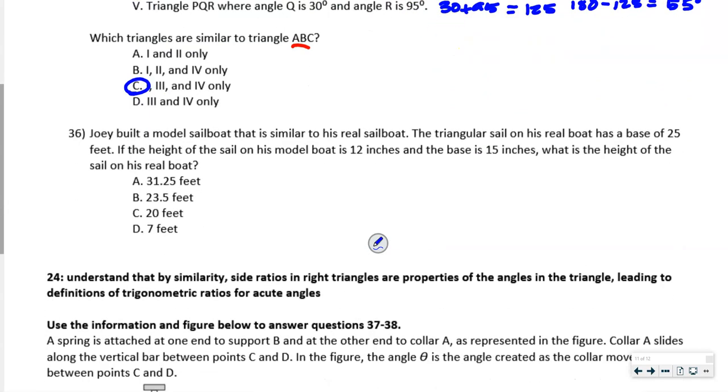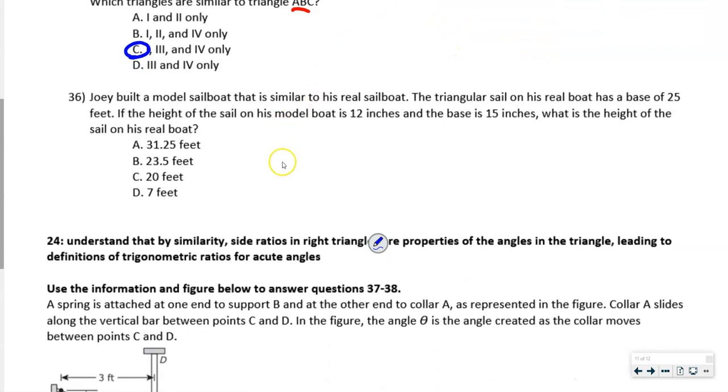Okay. Joey built a model sailboat that is similar to his real sailboat. The triangular sail on his real boat has a base of 25 feet, so 25 feet, and a height of... wait, what did it say? Base of 25 feet.